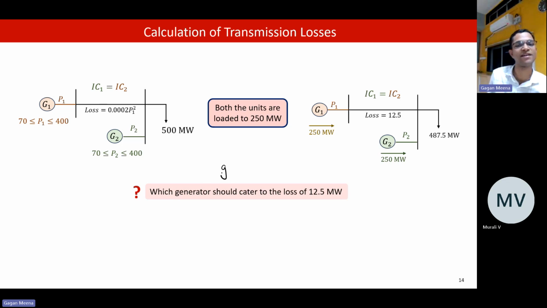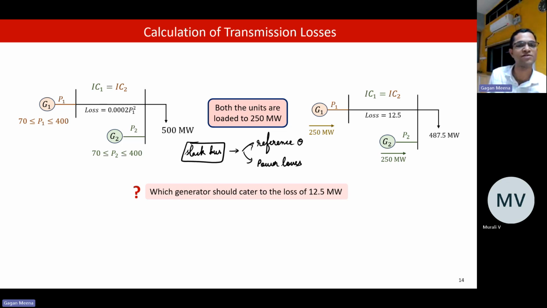It can be taken care of by one generator or more than one generator. That bus we call the slack bus, right? The slack bus serves two purposes. One is it provides a reference for angle theta. Then it takes care of losses.